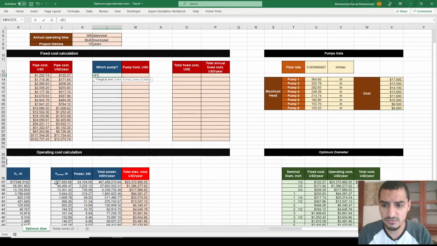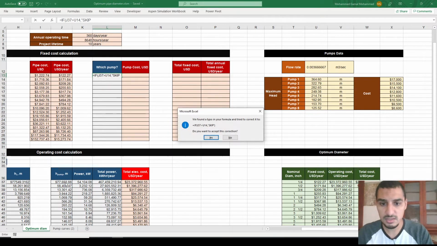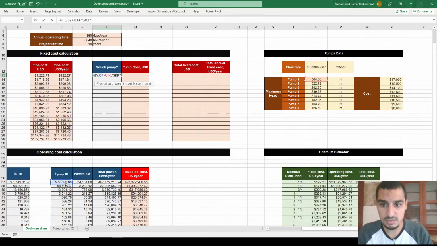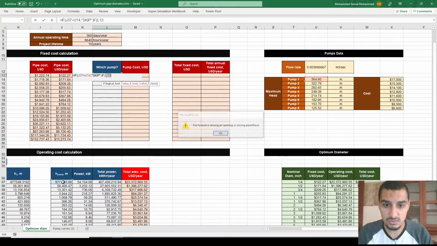So I'm gonna see if this head is larger than this height here, then I'm gonna skip. I'm gonna type it because it's not a valid point for me. And then if this head here is larger than the second, then I'm gonna pick the first pump.